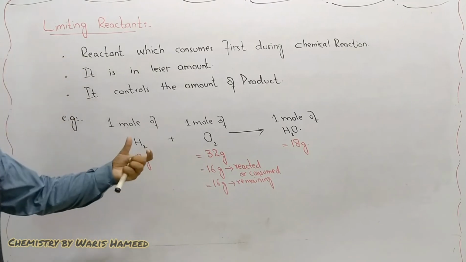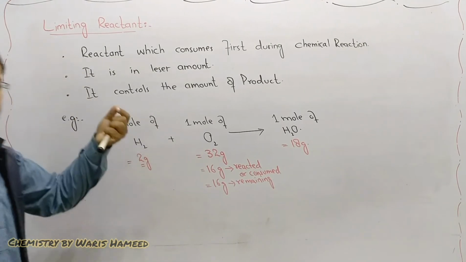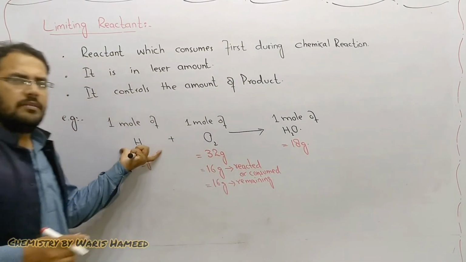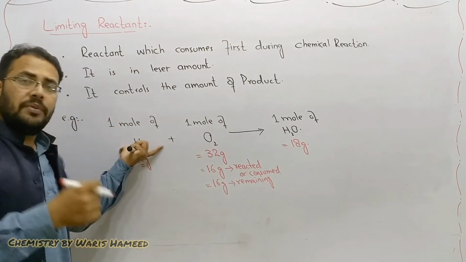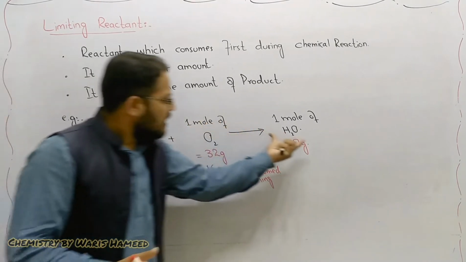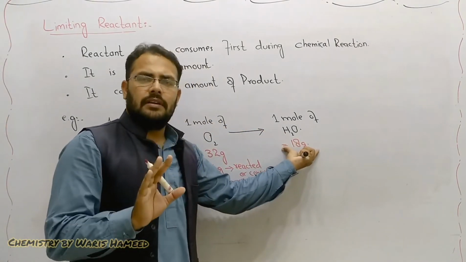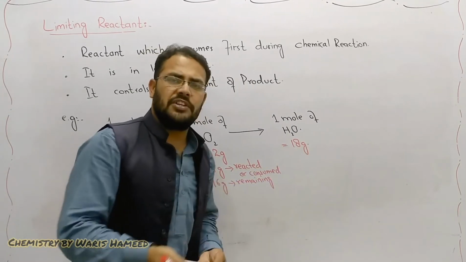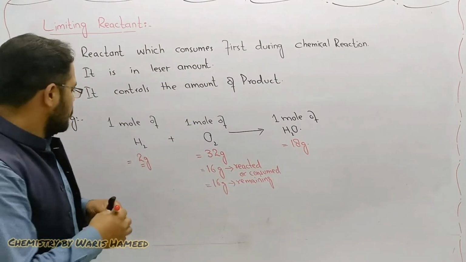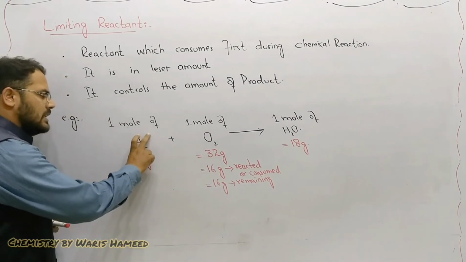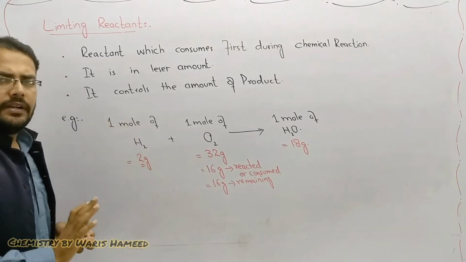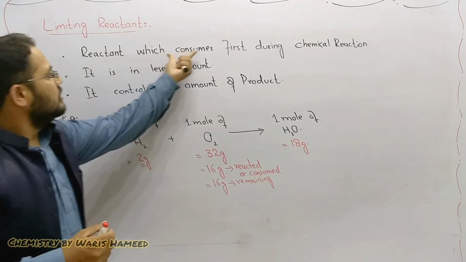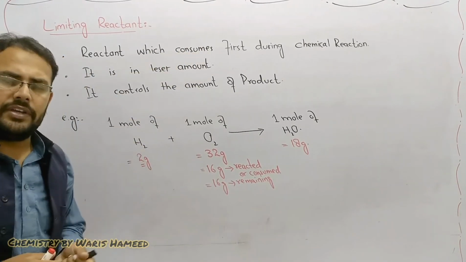In this reaction, hydrogen is consumed totally. When the amount of hydrogen becomes zero, our product will remain constant. There will be no further formation of water molecules. So we can say that in this case, hydrogen is the limiting reactant because it is in lesser amount and it is totally consumed during the chemical reaction.